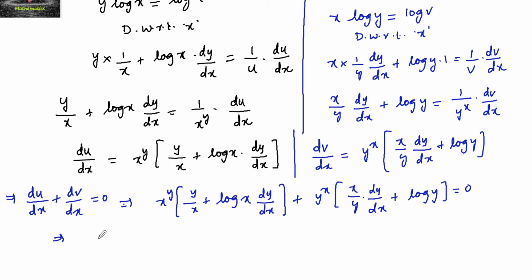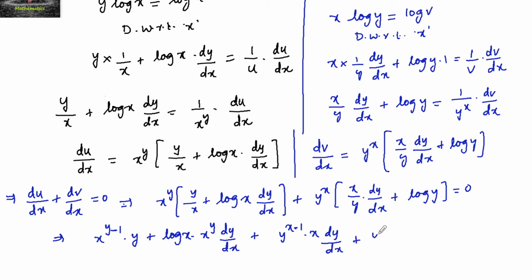And on simplifying, we'll have x to the power of y minus 1 into y plus log x into x to the power of y into dy by dx, plus y to the power of x minus 1 into x dy by dx, plus y to the power of x log y is equal to 0.